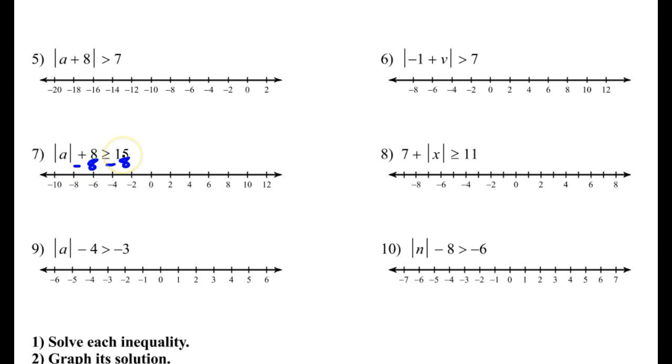And then after you clear it, you'll have absolute value of A is greater than or equal to 7, and now you break those up: greater than or equal to 7 for one of them, and less than or equal to negative 7 for the other. So anything on the outside, you have to clear it first, and then, because you still have the absolute value, that's why we're not going positive 15, negative 15.